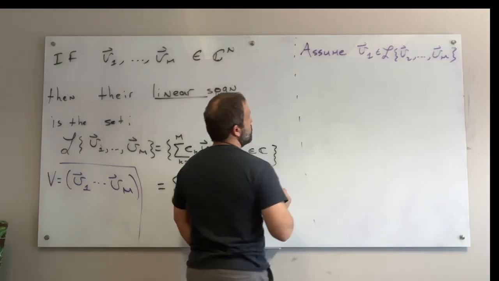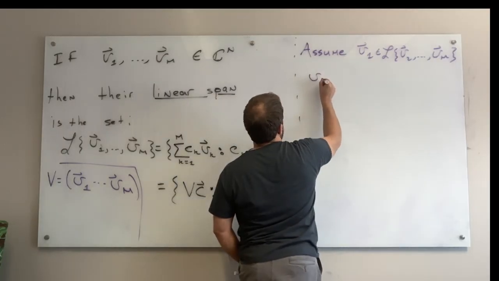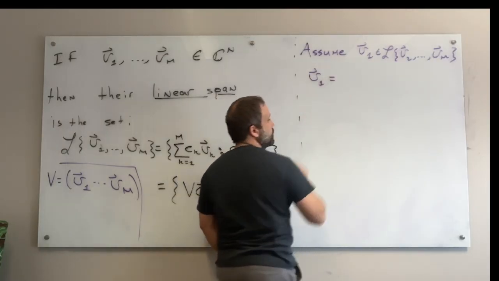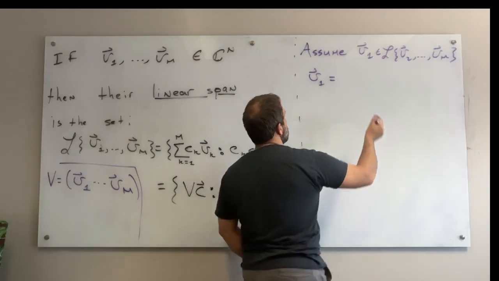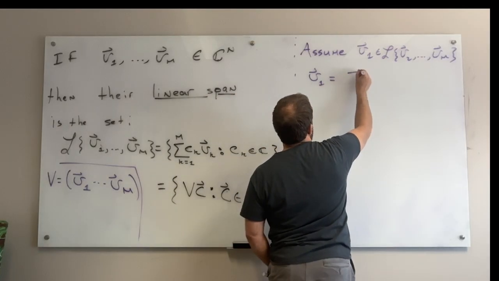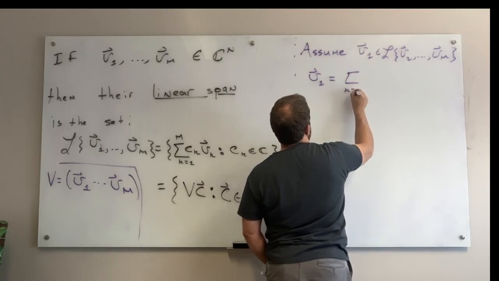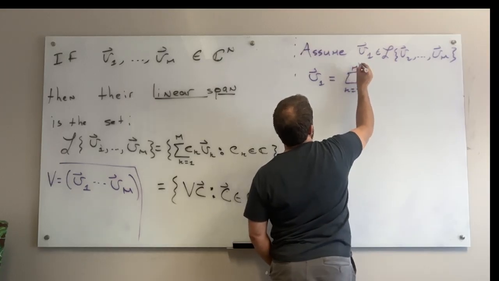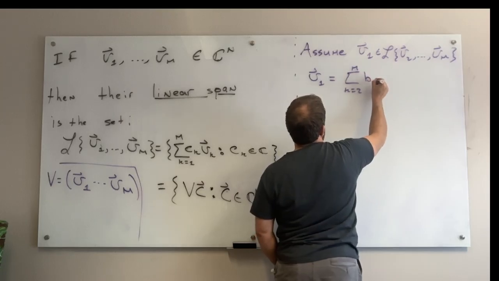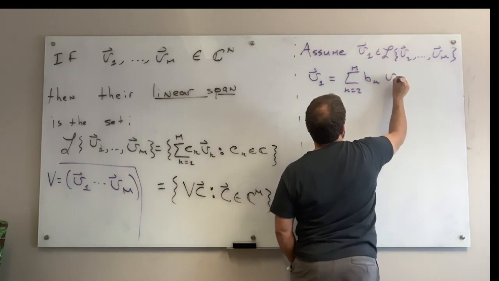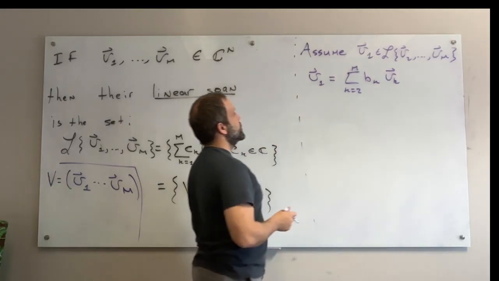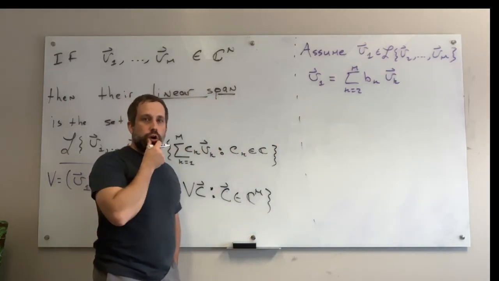Okay, and in particular, let's say that V1 is going to be equal to the sum k equals 2 through m of bk vk. Okay, observe what we can do here.